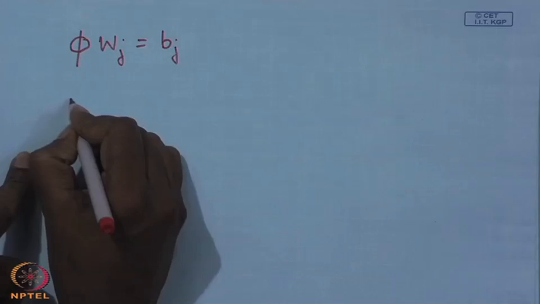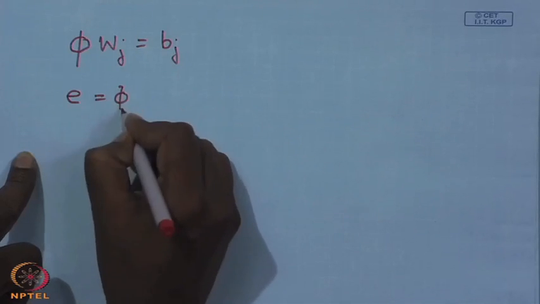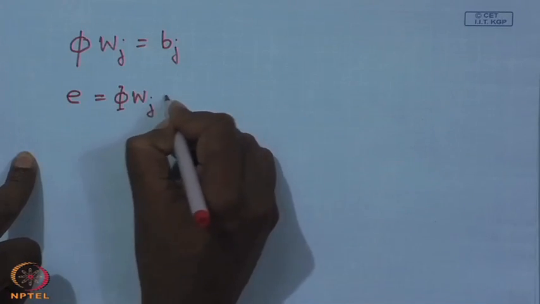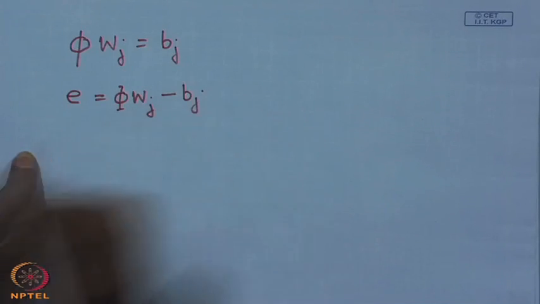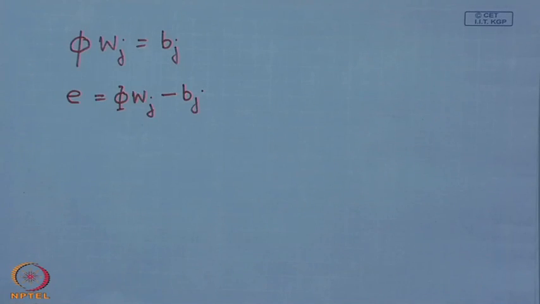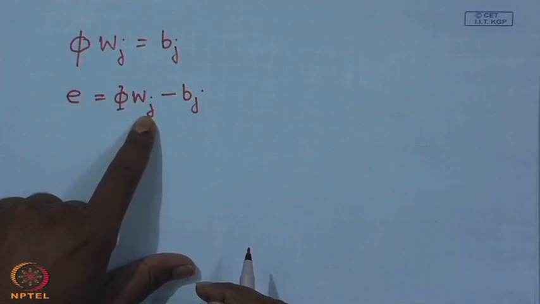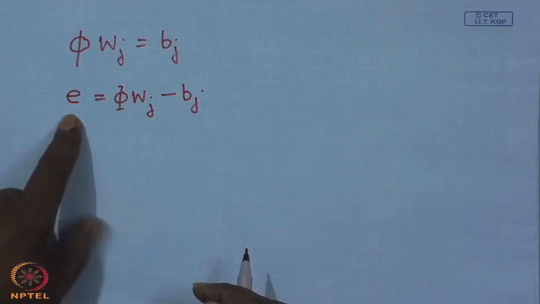So, if this equality is not satisfied, then I can define an error E, which is nothing but phi w j minus b j. And now, training involves adaptation of this weight w j, so that this error can be minimized.